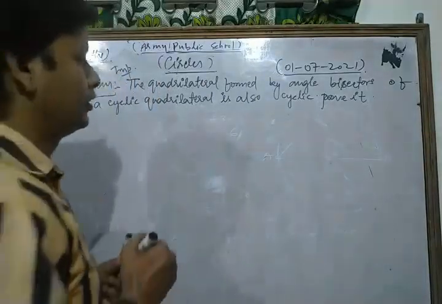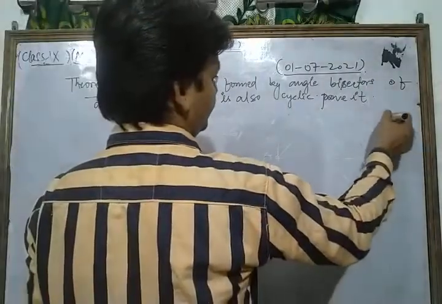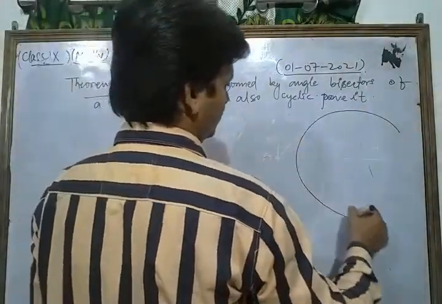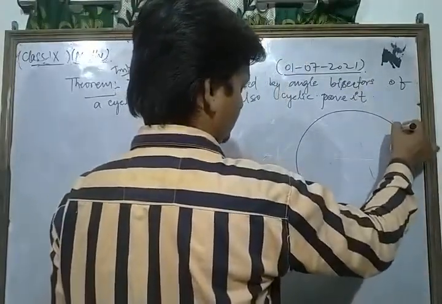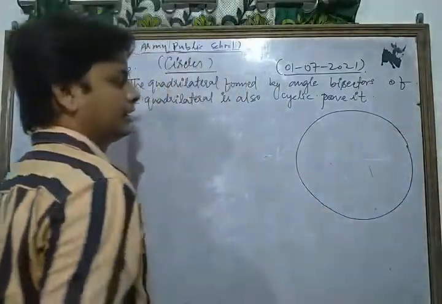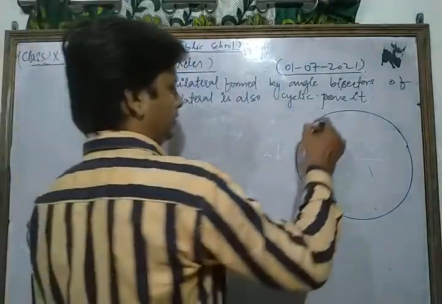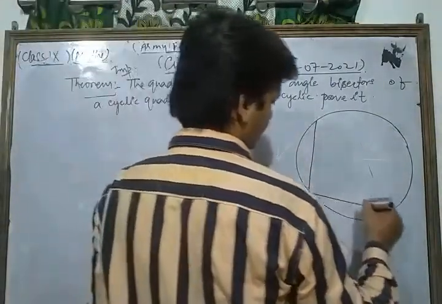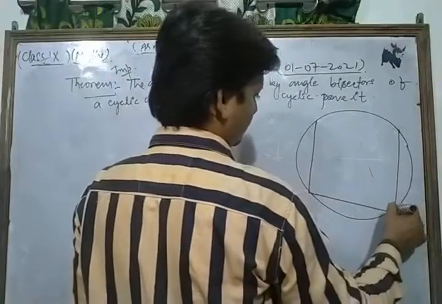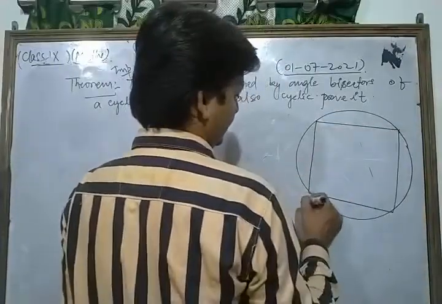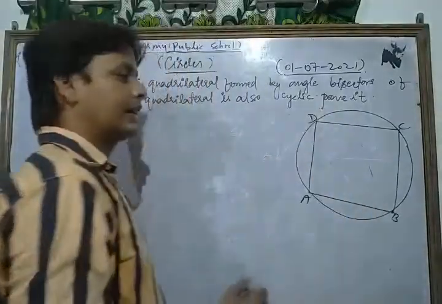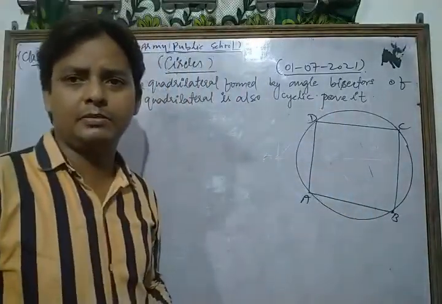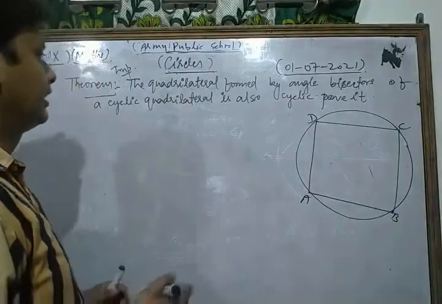So let's see. Let us take this as the circle, and let us take ABCD as a cyclic quadrilateral.